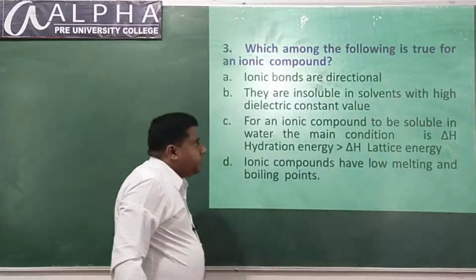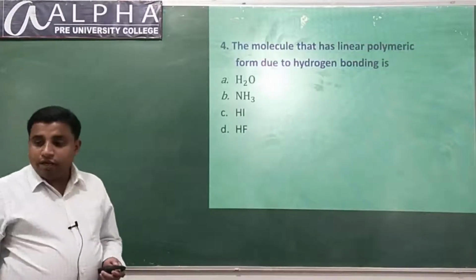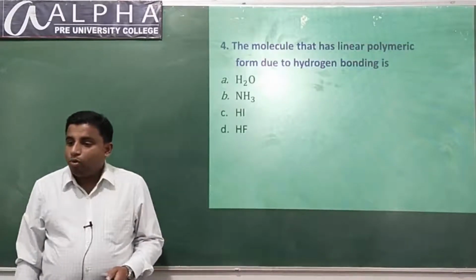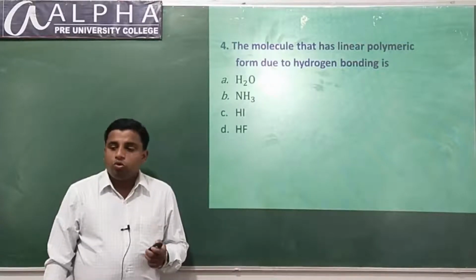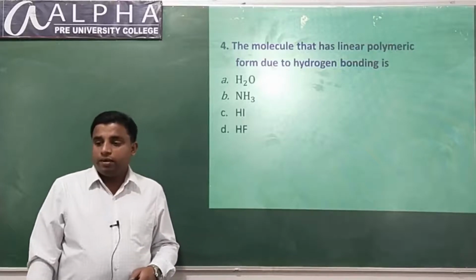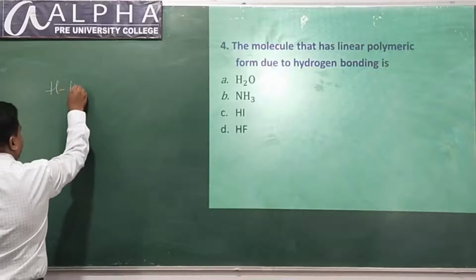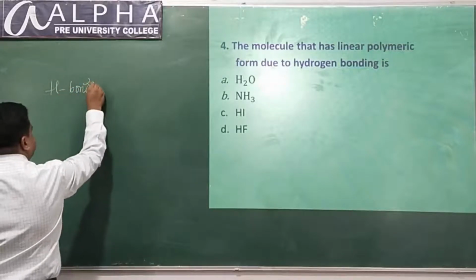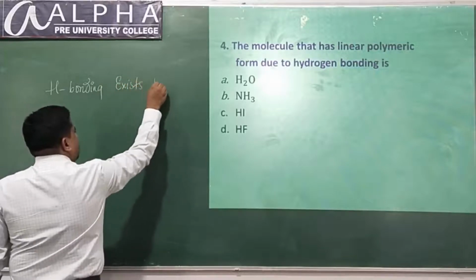The next question says: the molecule that has linear polymeric form due to hydrogen bonding. Hydrogen bonding exists between what and what?